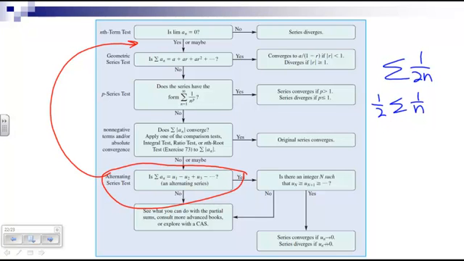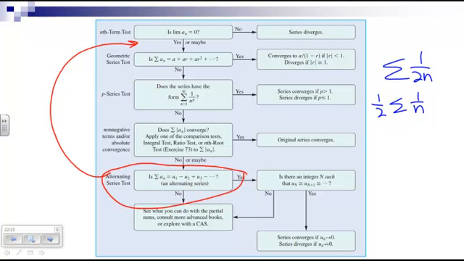The thing is, while the alternating series test will tell you whether something converges or not, when there's an x in the series, it doesn't tell you where it converges. So these are the guidelines for saying does it converge? The question, where does it converge, is something I only answer using the ratio test.